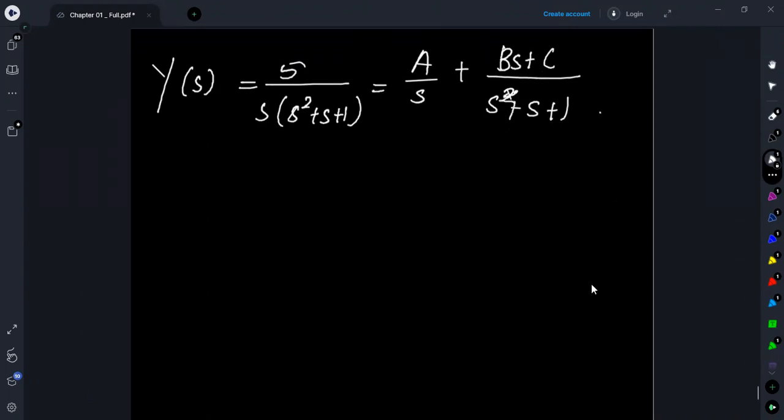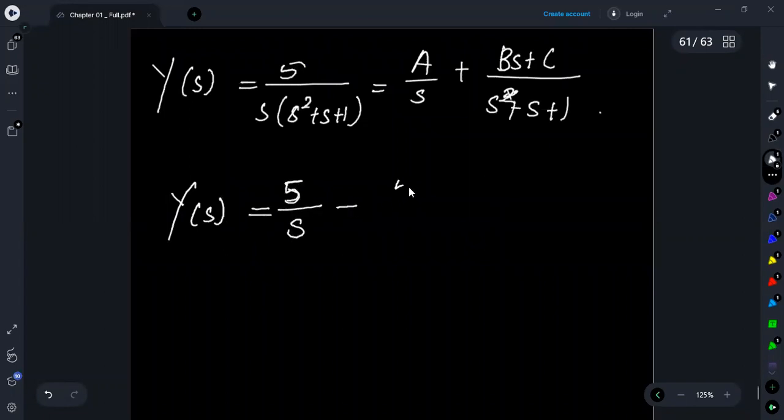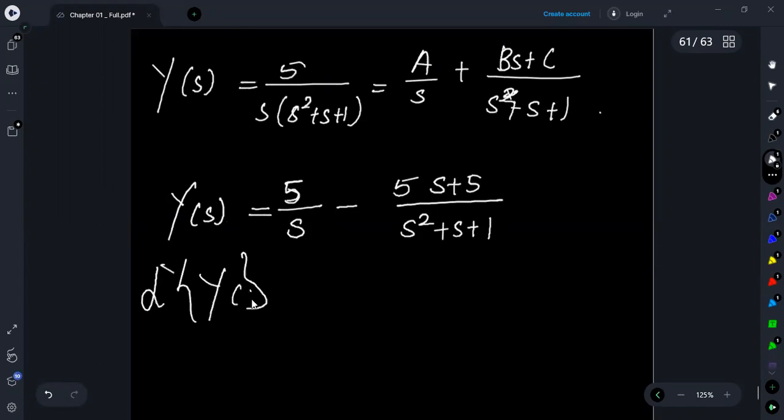Once you find the values of A, B, C, you will obtain an expression for Y of s as 5 over s minus 5s plus 5 over s squared plus s plus 1. And then find the inverse Laplace transform of this capital Y of s and obtain the answer.